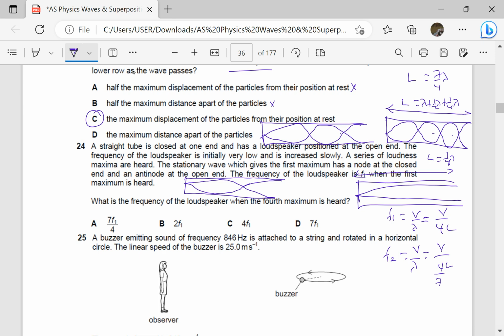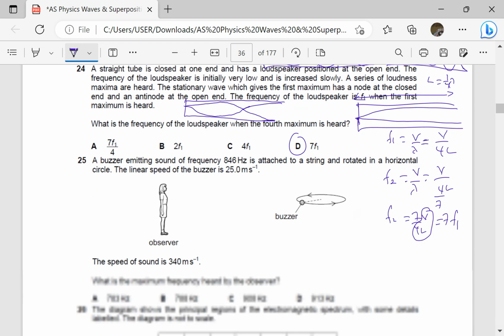So the 7 goes up, and it becomes 7 over 4L times V. But we know that V over 4L was F1. So this becomes 7 times F1, which makes the answer D.